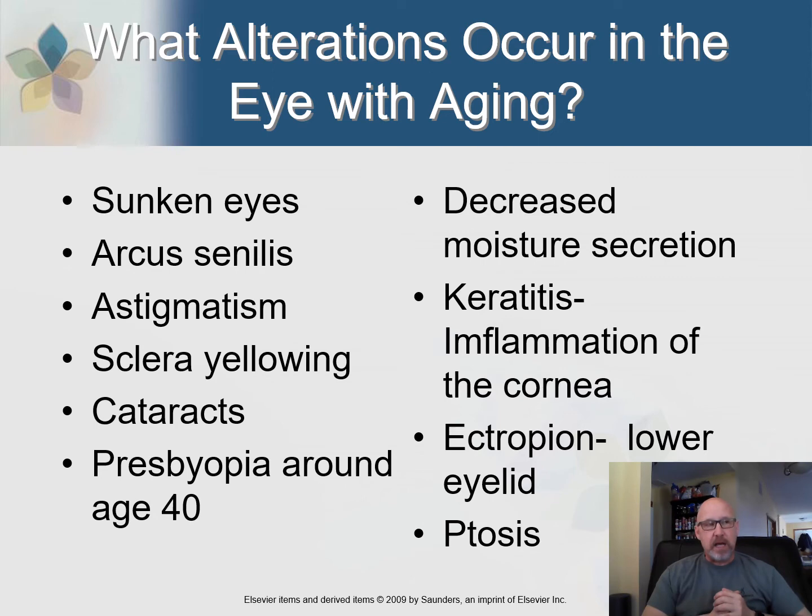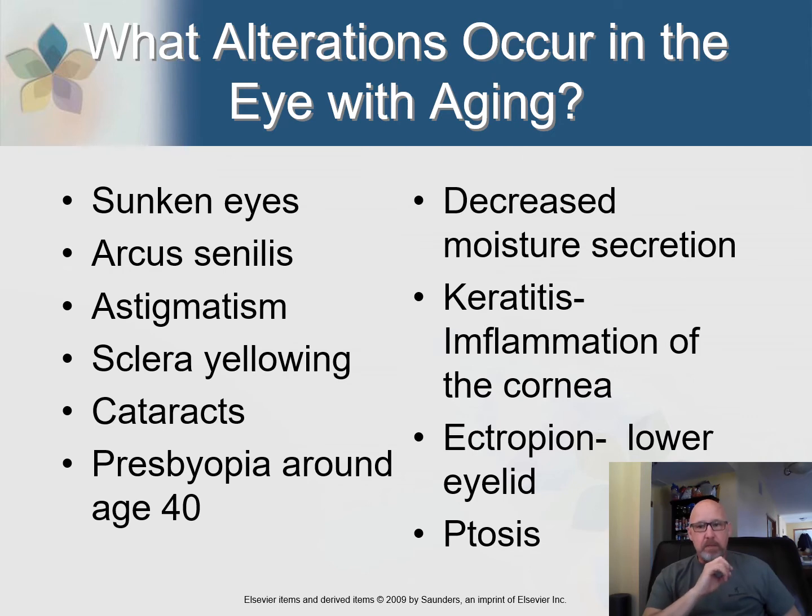The ability of the iris to dilate actually decreases. This can cause difficulty going from bright to darkened areas, which can impact night vision. You get huge changes after the age of 40 because the lens itself changes over time, and as the lens no longer responds, it becomes harder.